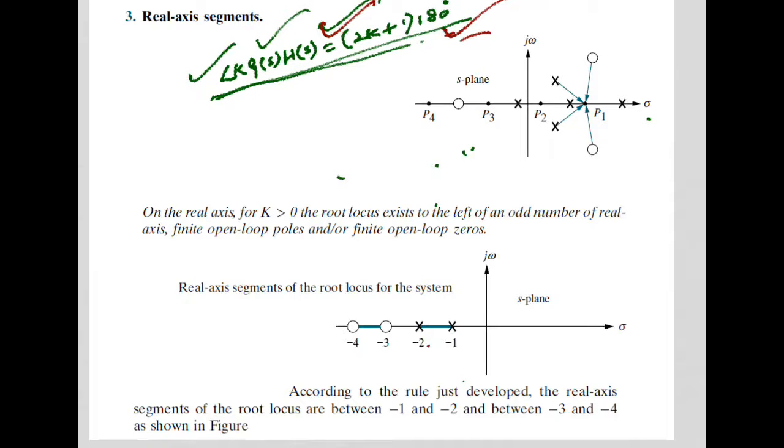The angle is 0 and 180 degree, and the contribution is only there if we have an odd number of poles or zeros to the left, that is 1 and 3. So the root locus exists between -4 and -3 and between -1 and -2, and not at this point, because we have an even number of poles and zeros here.